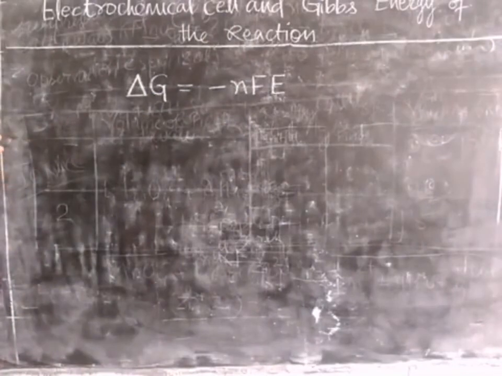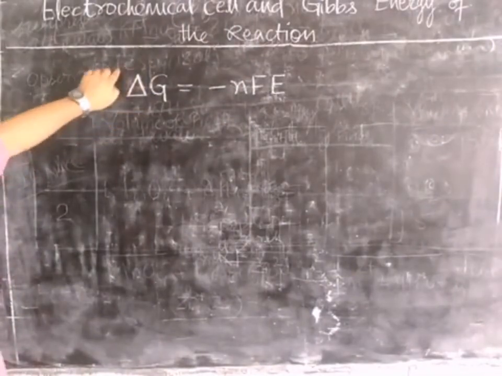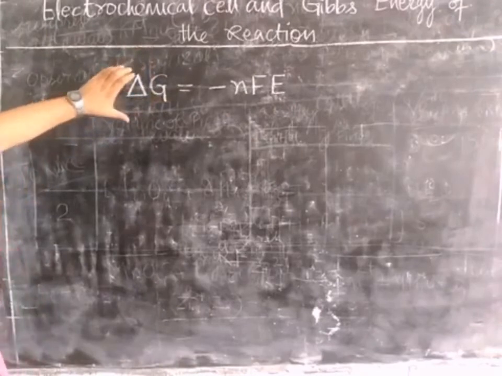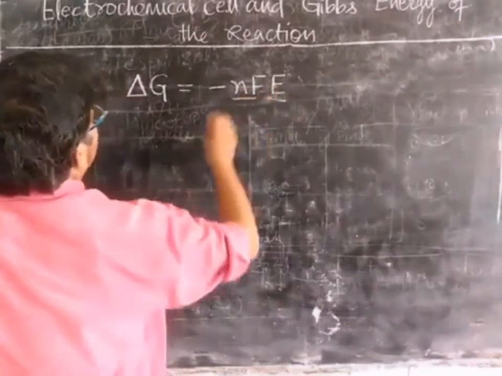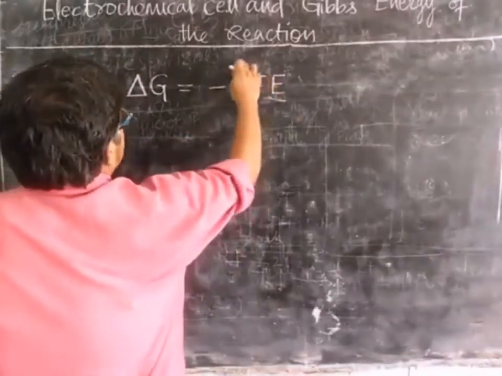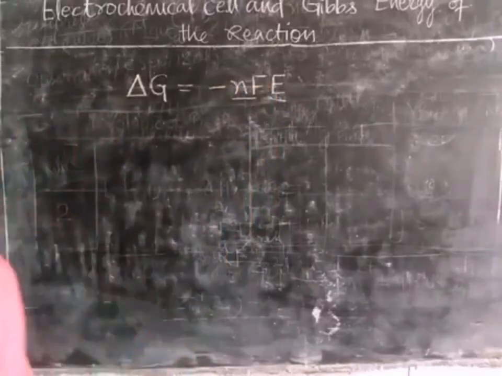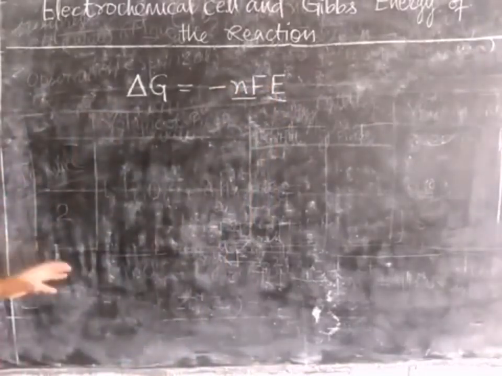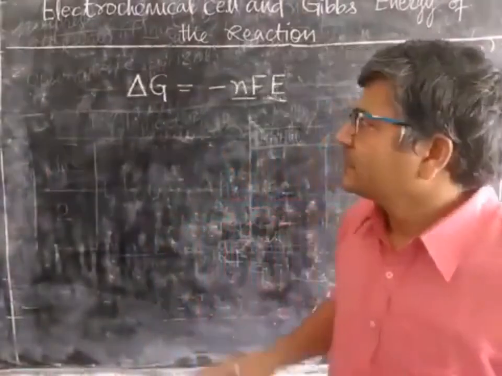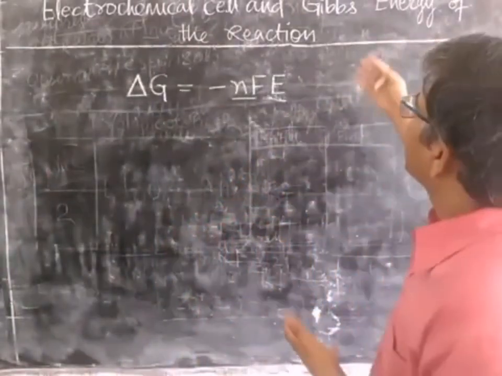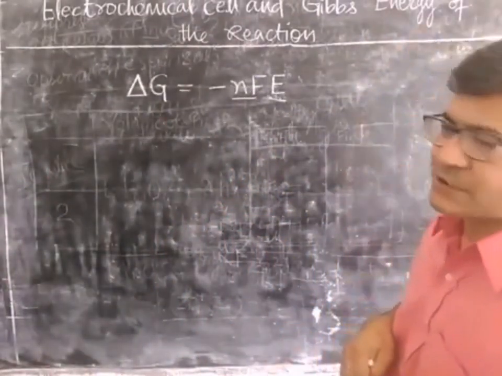Now the statement says electrical work done. This is representing electrical work done, equal to the product of these two values. This is the charge and this is the electrical potential. These two values together give the energy of the reaction.